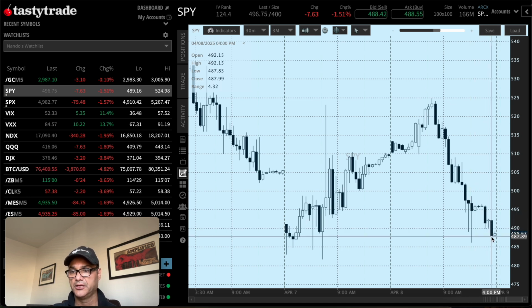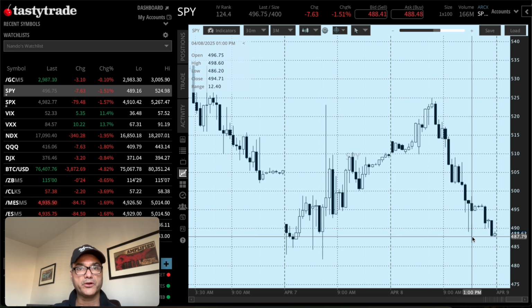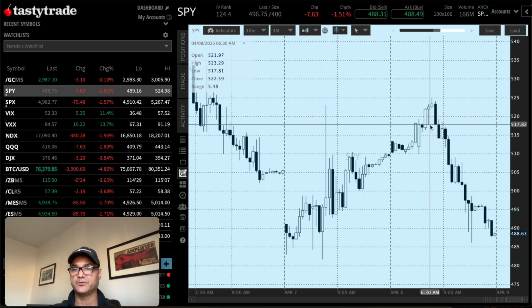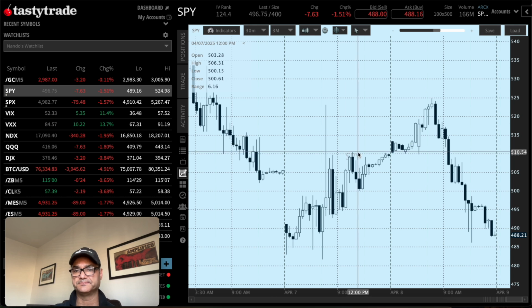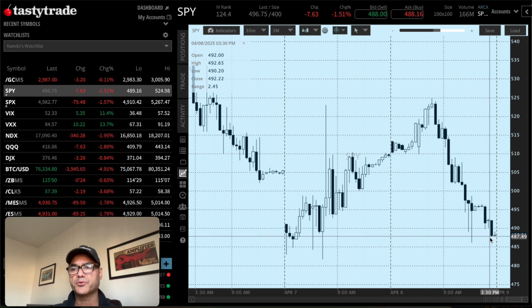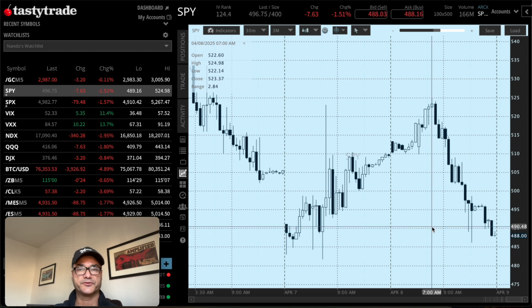But anyway, note that the low of the day ended up being 486.20. So almost 40 handles in the SPY, which is just huge. This is just an unprecedented move. I think the emini contract was somewhere around 300 points from high to low, which is insane. But anyway.